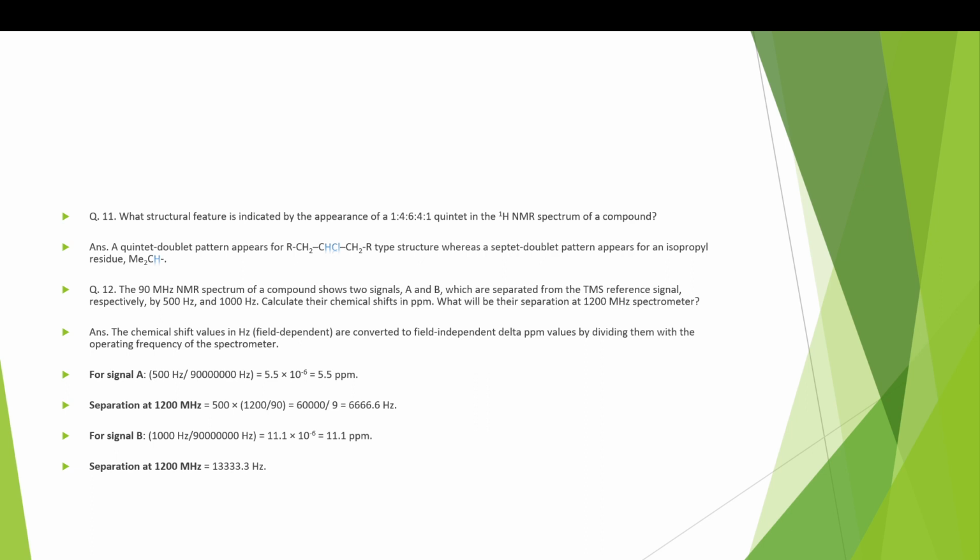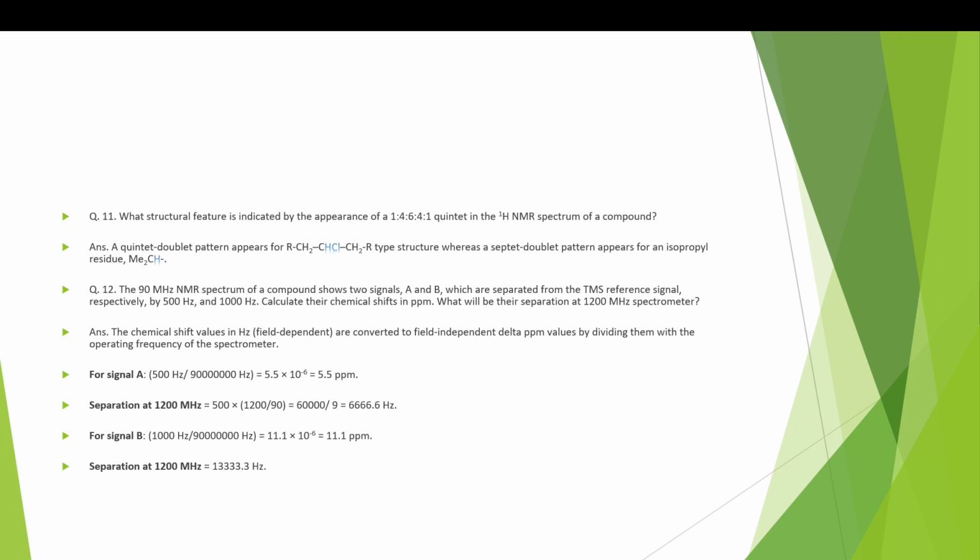Question 11 asks what is indicated by a multiplet showing line intensity 1, 4, 6, 4, 1, a quintet. It means the structural type is R-CH2-CHCl-CH2-R. Question 12, 90 MHz spectrometer. The compound gives two signals.